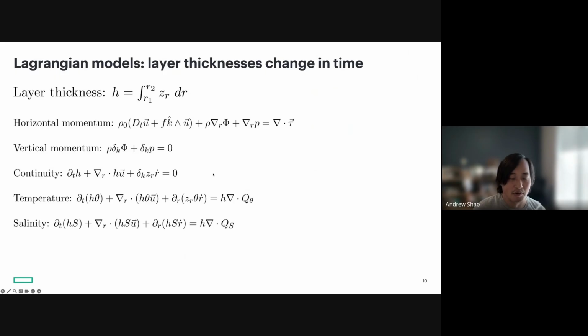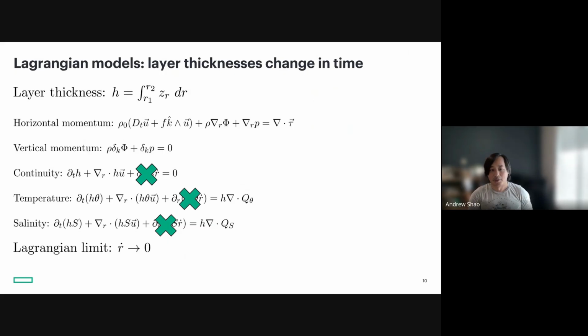And if you take the Lagrangian limit where r dot goes to 0, then you get to eliminate a bunch of terms, right? And so you get things that are a little bit interesting and maybe slightly different than the equations that we were taught in GFD. But they end up being something like the thickness weighted equations for mass, temperature, and salinity. So continuity, instead of just being del dot u, now you get a thickness term in here.